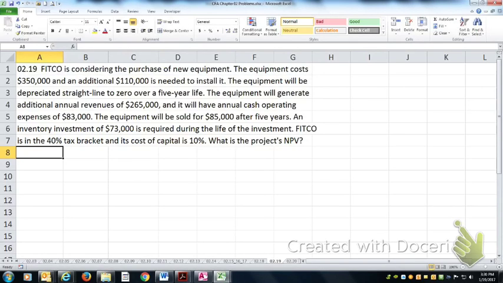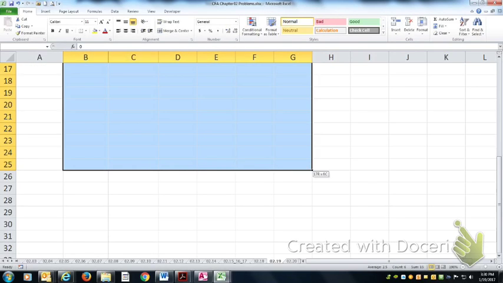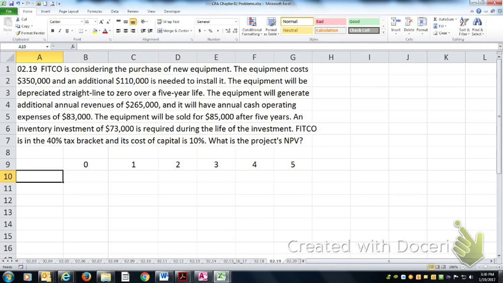Calculate the project's NPV. I set these up using timelines, and I just systematically go through here and list out everything I see and put the cash flow where it belongs. I also label everything so I'll remember what it was.